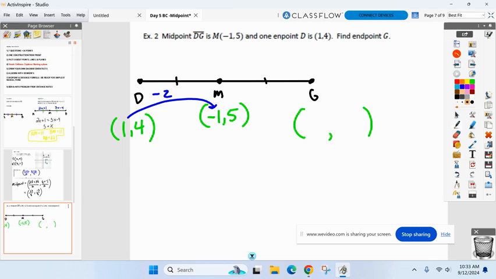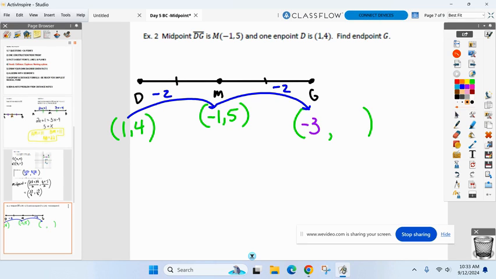So guess how many units I got to go to get to G now? 2 in the negative direction. So I'm at -1. I got to match it, I got to go 2 to the left again. And where do I end up at? -3. It's not bad. Call it the little skip method. You got to match it, right?